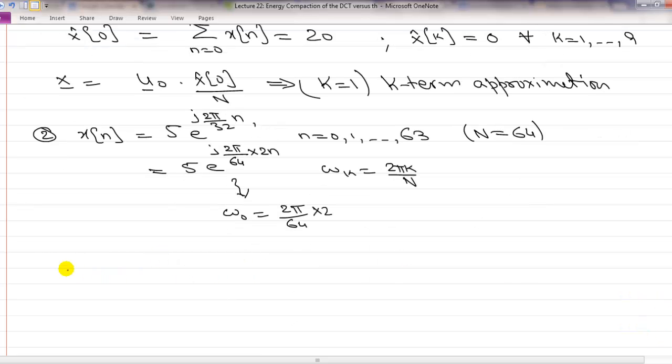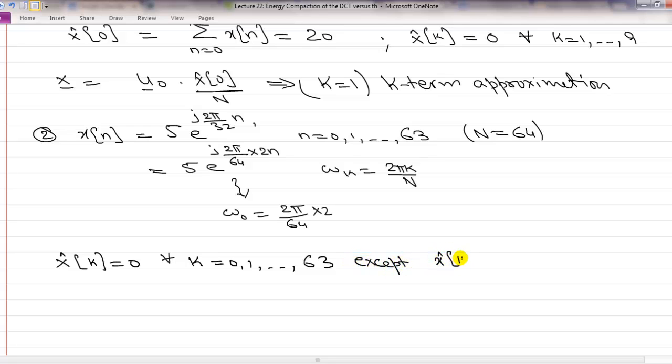In particular, if you were to compute x hat, you will find out that x hat k equal to 0 for all k equal to 0, 1 up to 63, except x hat k when k equals to what? And k equals to 2. So all of your DFT coefficients for these kinds of signals are going to be 0 except one DFT coefficient.